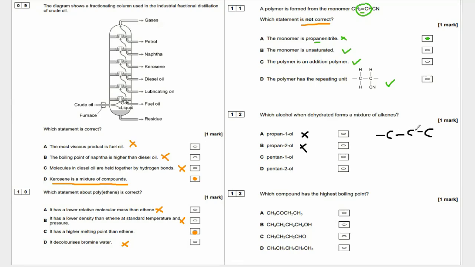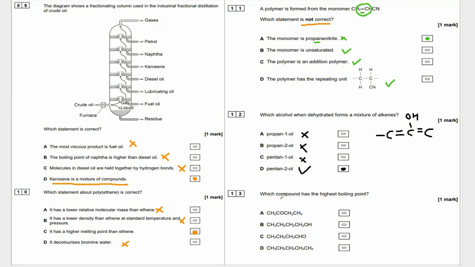If I've got propan-2-ol and it forms a double bond there, that's going to be the same alkene as if it forms a double bond there. So it makes no difference. It's always going to end up being prop-1-ene. However, pentan-2-ol can, because the hydroxyl group is not at the end of the chain, and therefore it can form pent-2-ene or pent-3-ene. So yeah, it's pentan-2-ol. Okay.